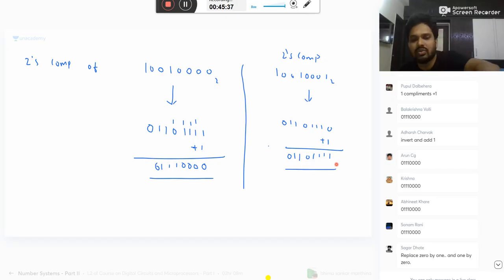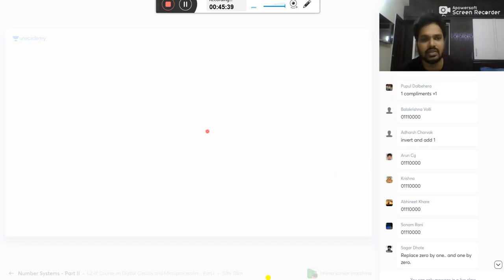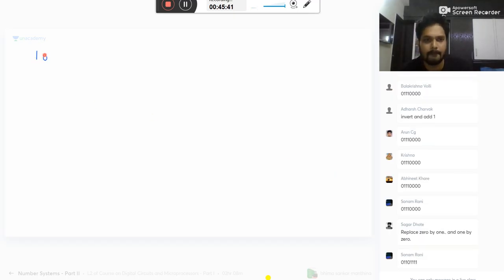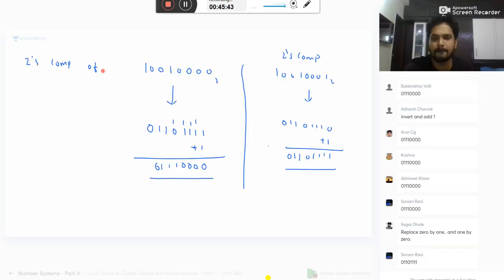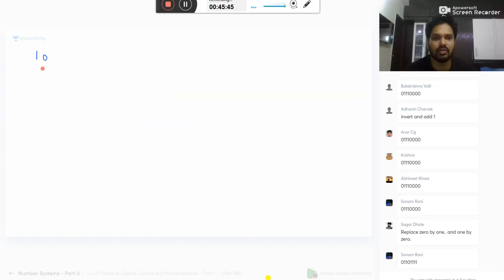I want to provide you an easy calculation, simply see here. 1, 0, 0, 1. All zeros are there. To find 2's complement, the simple method is: from this side, you go like this until you touch 1.